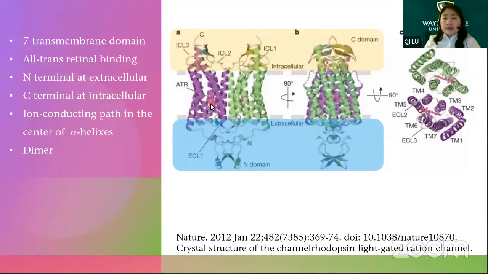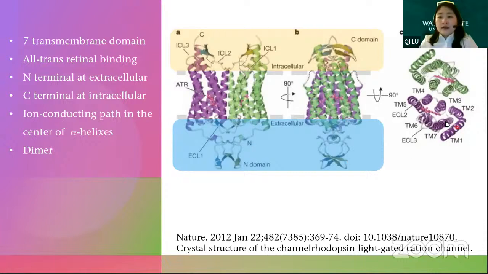So it forms a dimer. That's because in the extracellular part of the N-terminal, there are three cysteine residues, so it can form a bond that links the two monomer channelrhodopsins together to form a dimer.